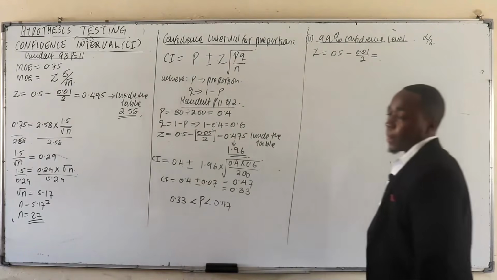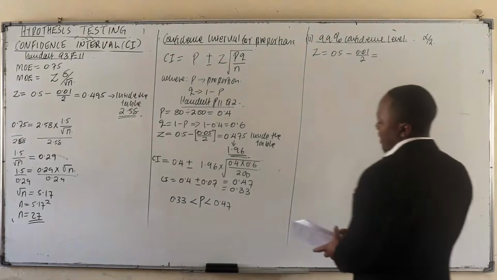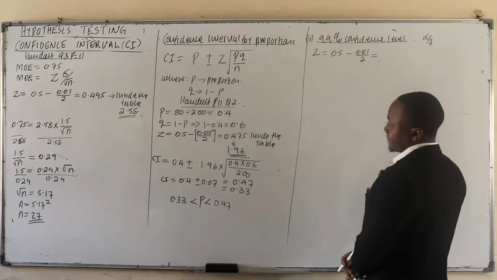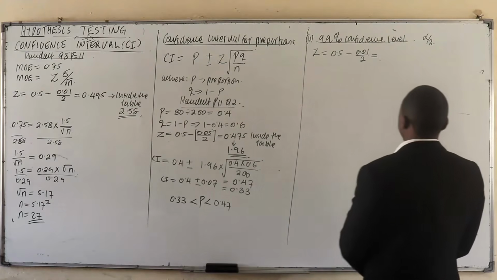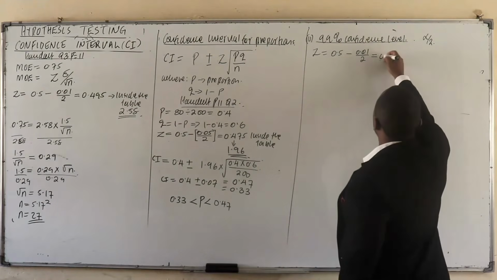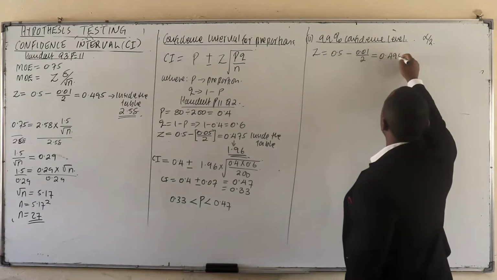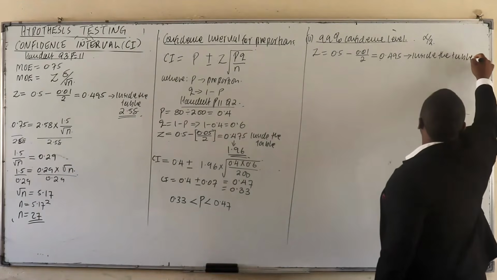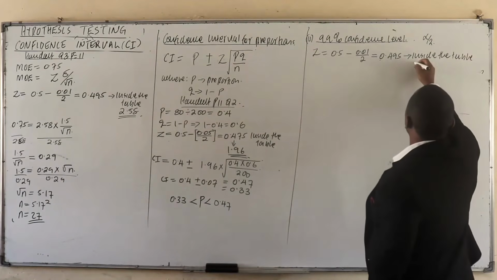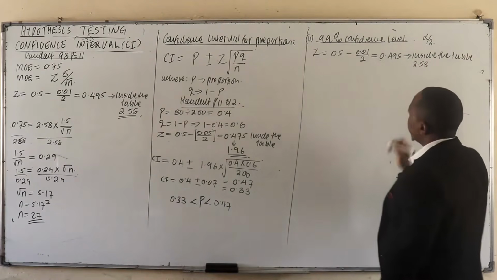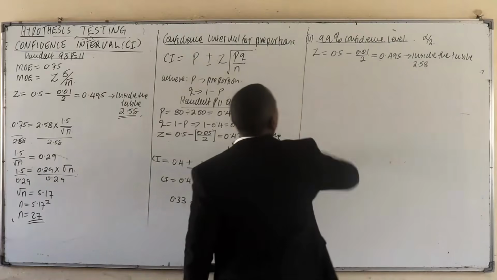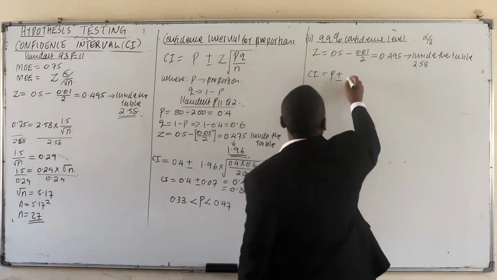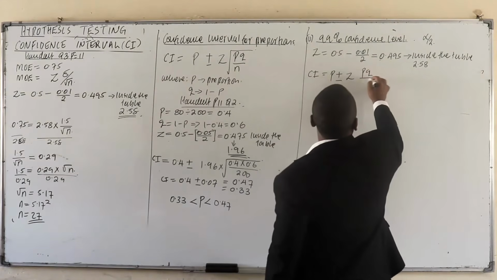Give me Z. What will be the remaining probability? 0.495. Then inside the table, 2.5.